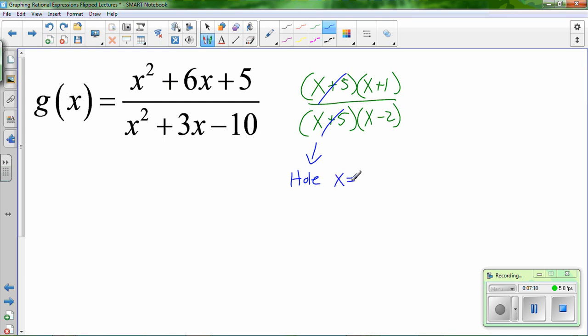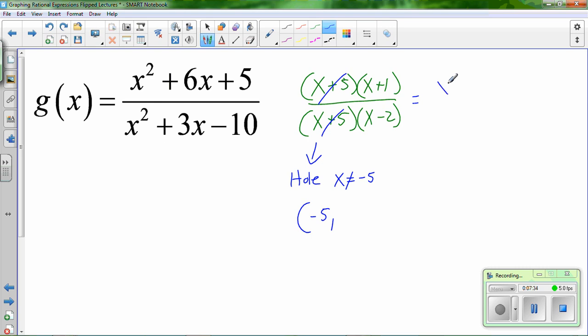And we can end up getting x does not equal negative 5. What would make that particular factor 0? Well, you could always set it equal to 0 and solve. But what we just found is the x value of the hole is negative 5. To find its y value, we need to substitute into what's left of our rational function over here.